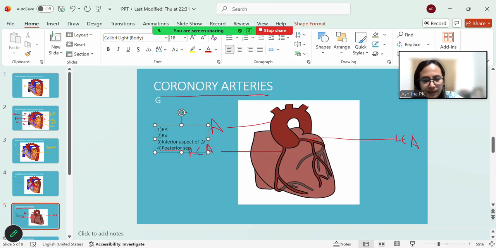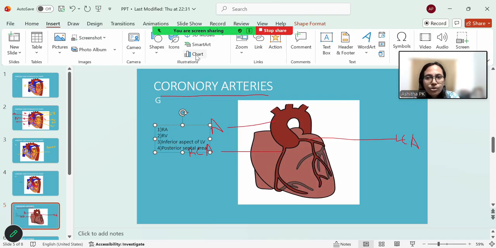What is the septum? The structure that separates the right and left side of the heart. Thus the right coronary artery supplies the right atrium, right ventricle, inferior aspect of the left ventricle, and posterior septal area.